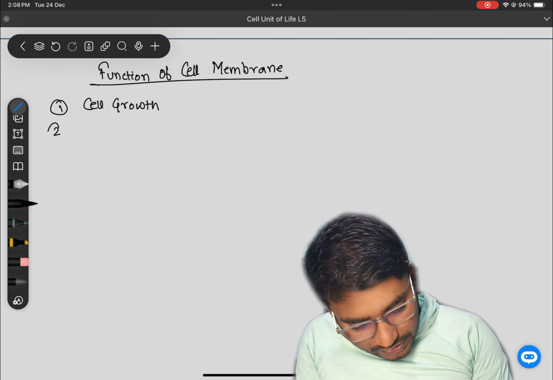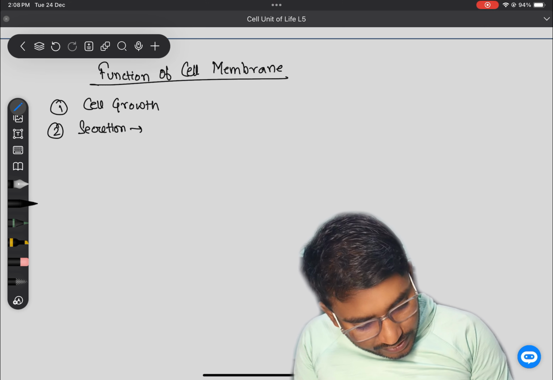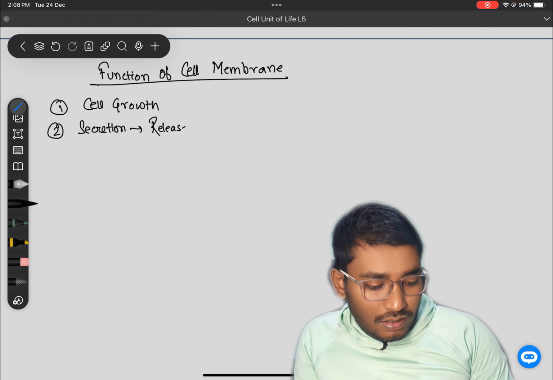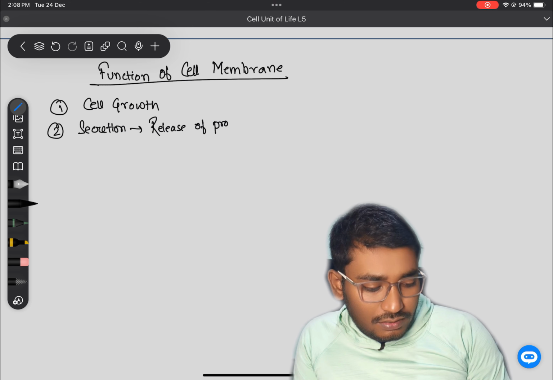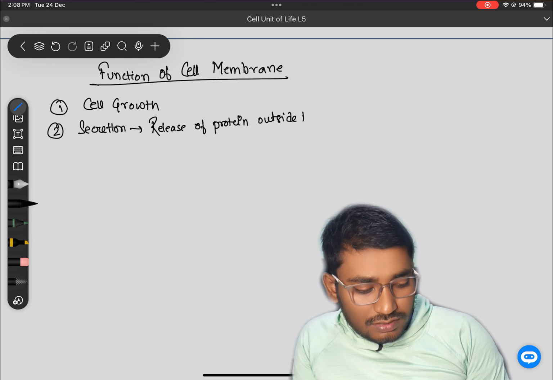Second one is secretion of protein, release of protein outside the cell.